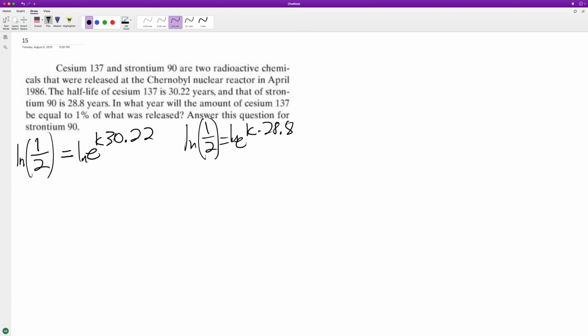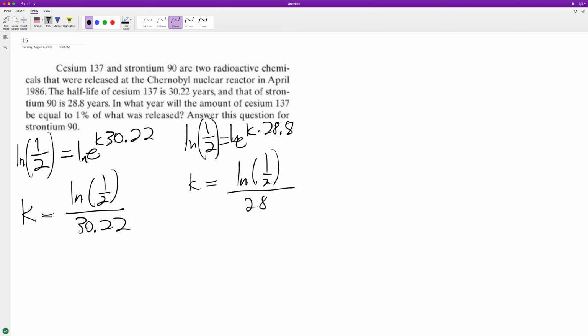And what we end up with is the natural log of 1/2 is equal to 30.22 times k. So for cesium, k is equal to the natural log of 1/2 divided by 30.22. For strontium 90, k is equal to the natural log of 1/2 divided by 28.8.